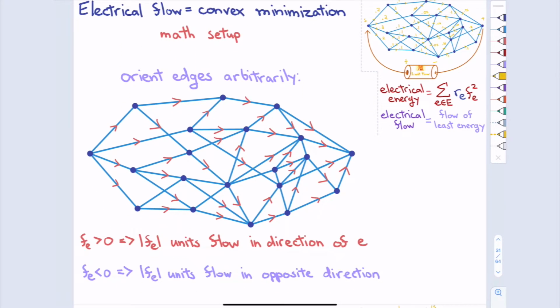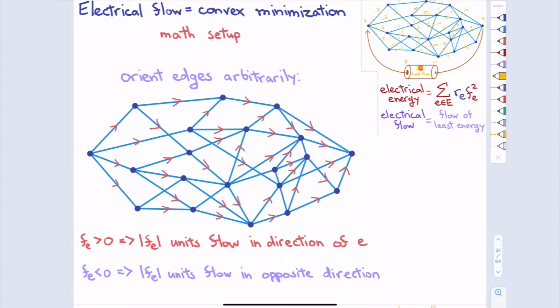The first thing is, it's an undirected graph, but I want to represent flows by a vector f indexed by edges. So I have to decide what a positive and negative value mean when there's no particular direction originally. We're going to orient the edges arbitrarily.